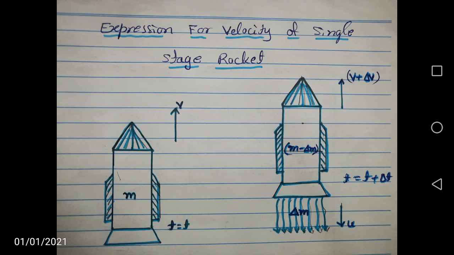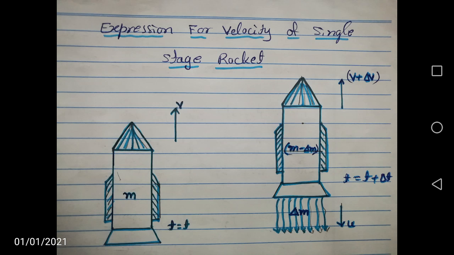Here in the diagram, we are observing a rocket of mass m moving with initial velocity v. When the combustion process starts, the fuel inside the combustion chamber burns and it starts ejecting gases. The ejected gas has a mass of delta m.